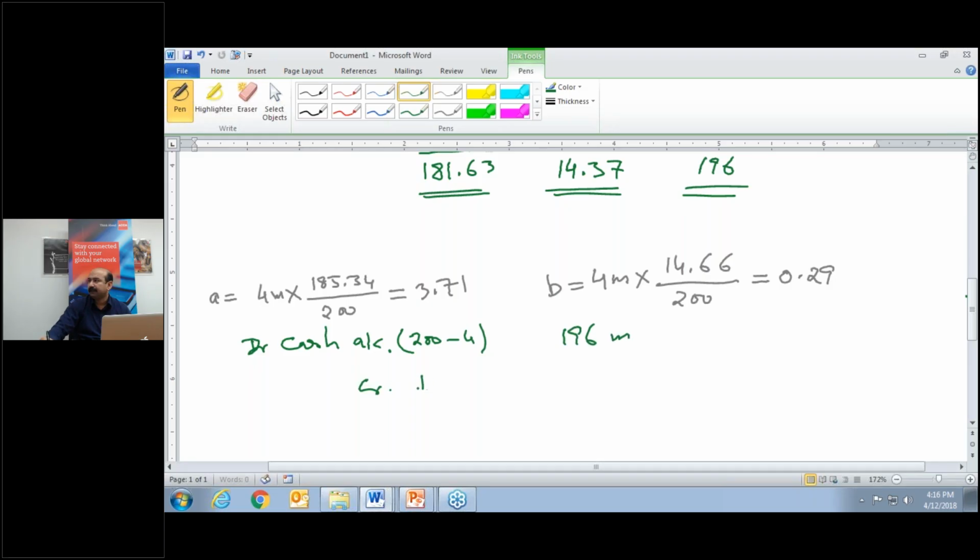Credit the debt element, or whatever name you can use, like debentures, as we calculated on the top, 181.63 million, and credit the equity element 14.37 million.